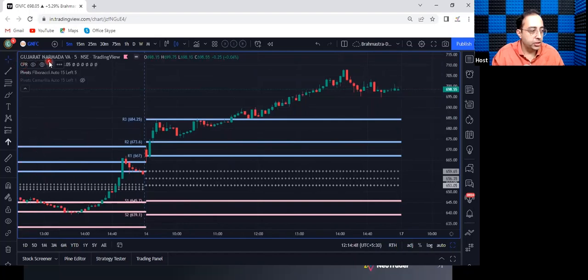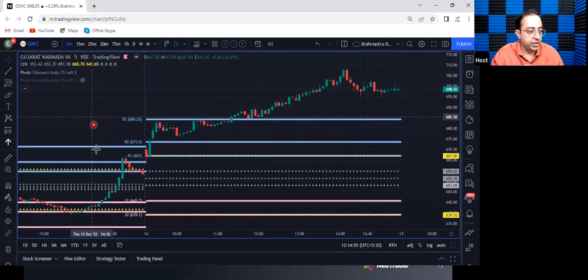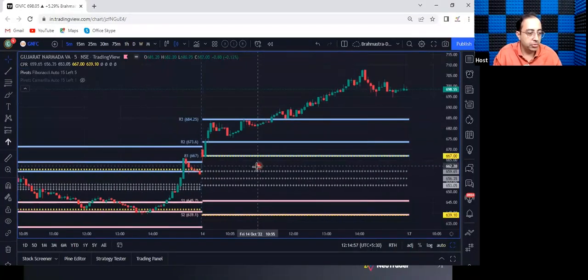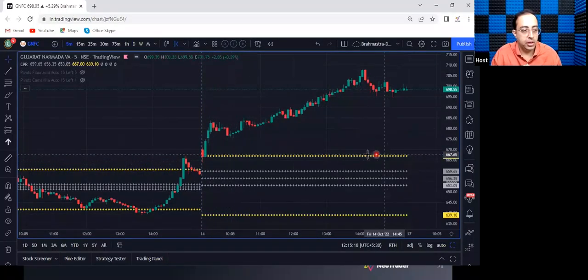Okay, in this, I had turned it off. You can see here, this is the previous day's high and low. The yellow dot is the previous day's high, right? You can see here, the previous day's high, and it's moving.